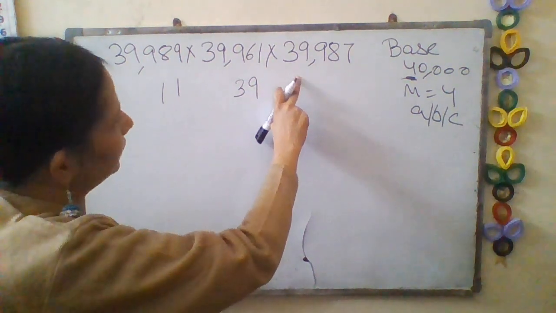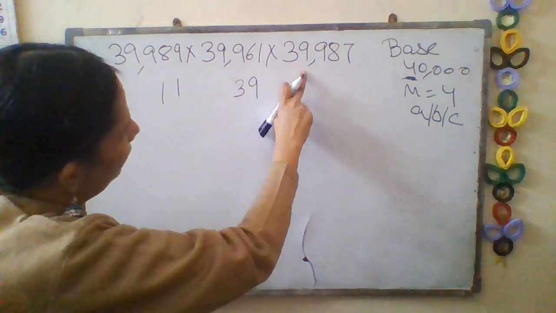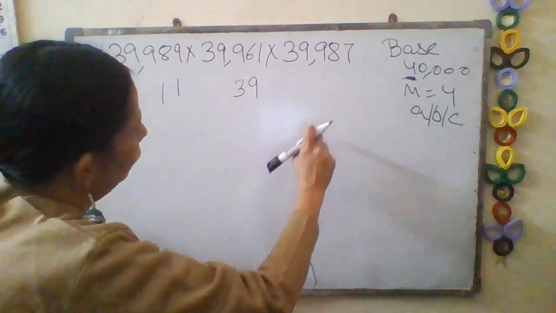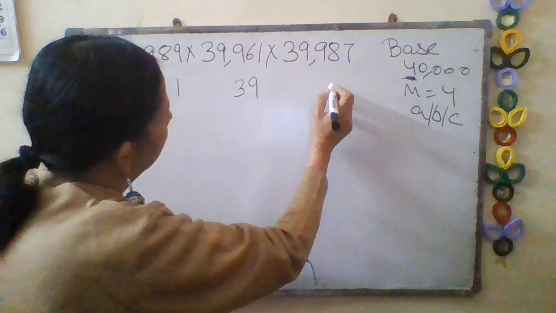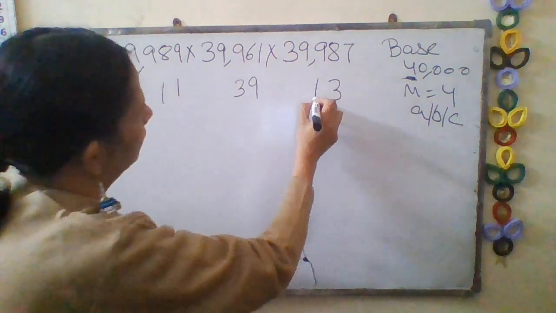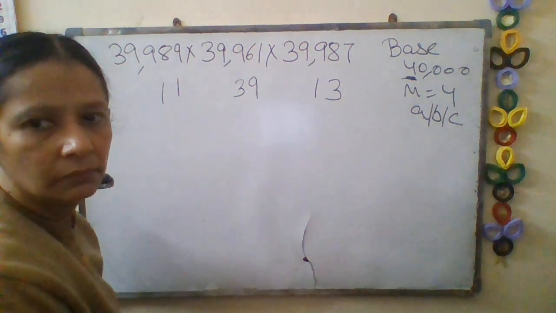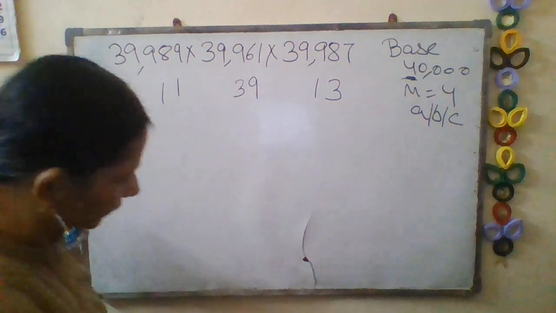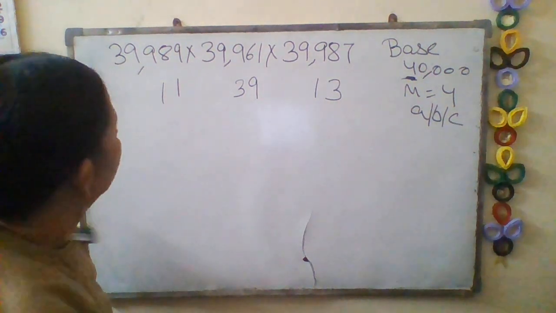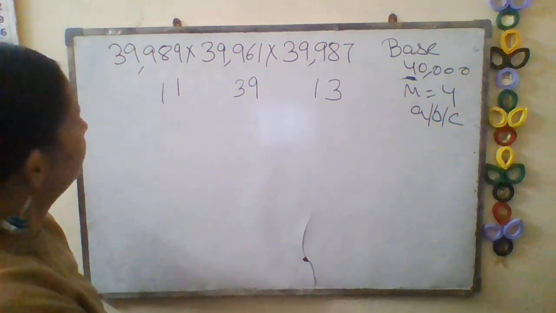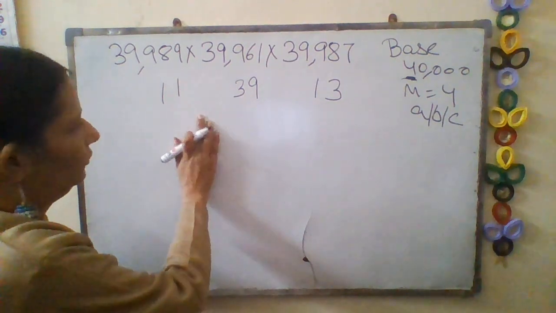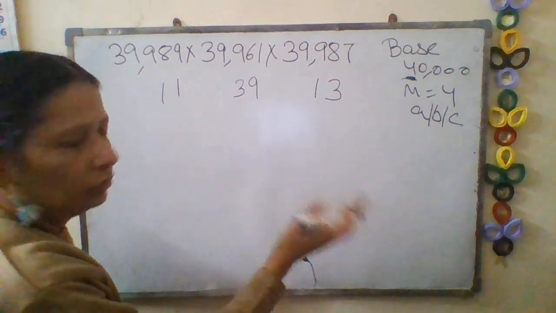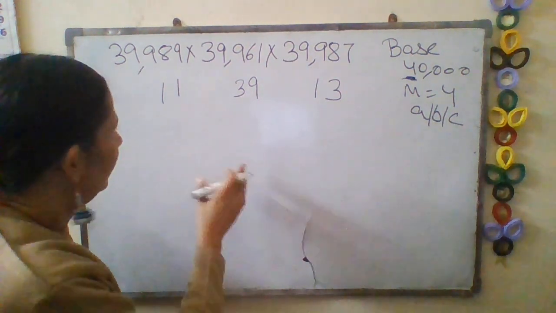And if you subtract 39,987 from 40,000, what will you get here? Now you see here, definitely I have made this video especially for this 11 only. Otherwise there is no other purpose for why I have made this.